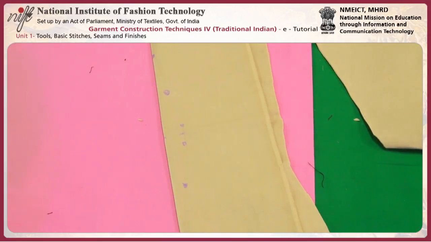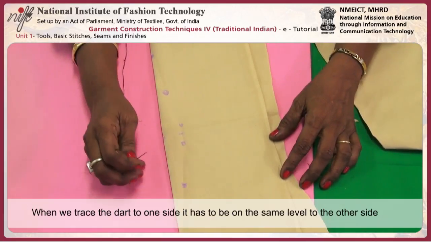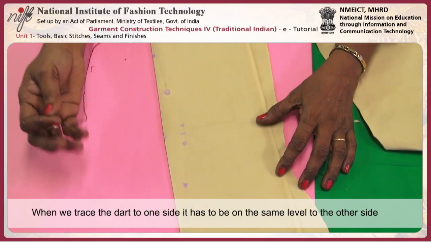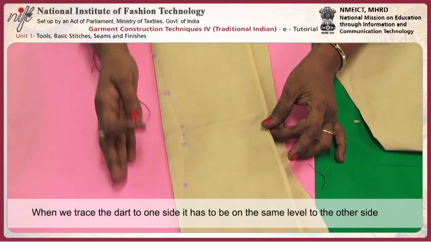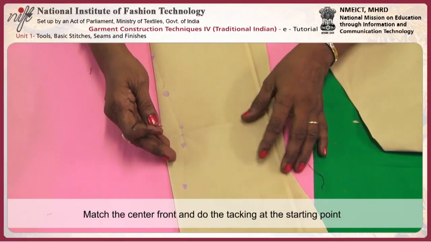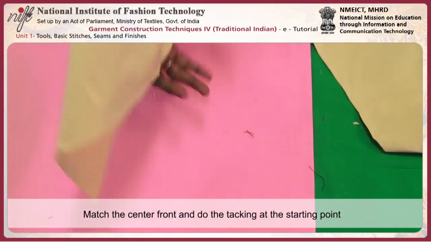Now we are going to do the fish dart. When we trace the dart point to one side, it has to be on the same level on the other side. So match the center front and do the tacking.